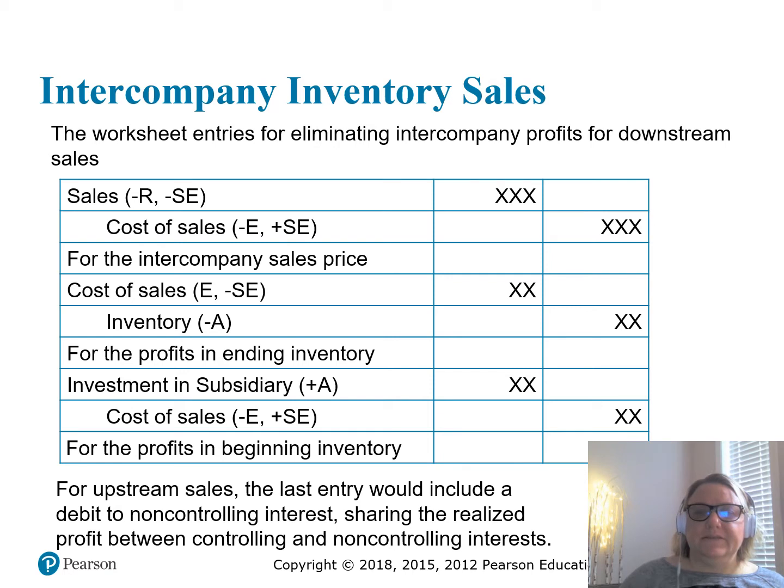These are all for a downstream example. For an upstream, the last thing you do is a debit to non-controlling interest.